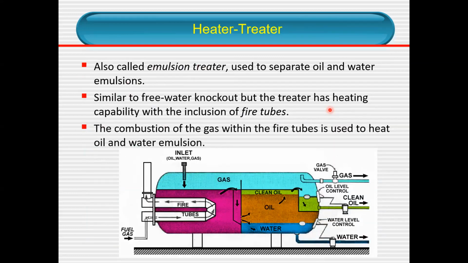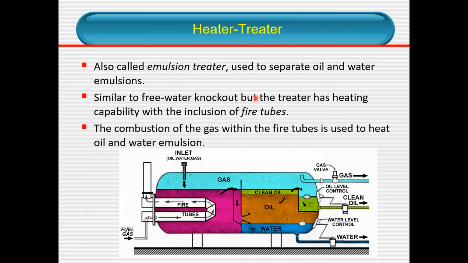Now comes the third device, which is the heater treater. Why heater treater? You have elements to heat the inside of the separator. Why do we need heat this time?